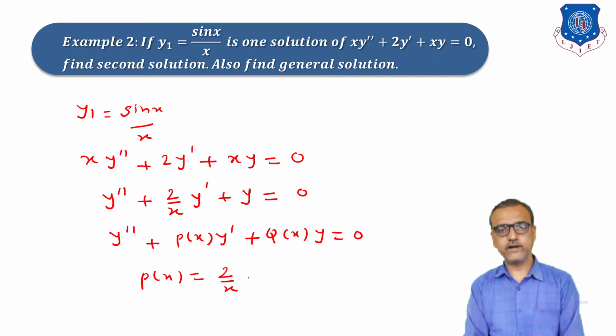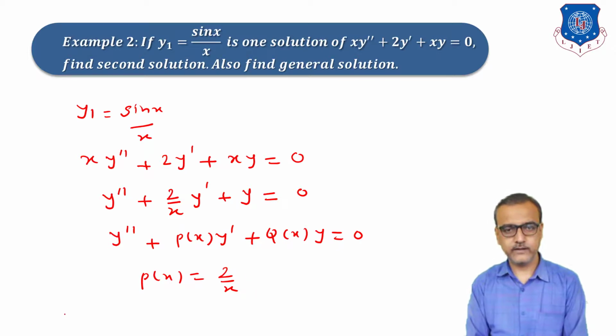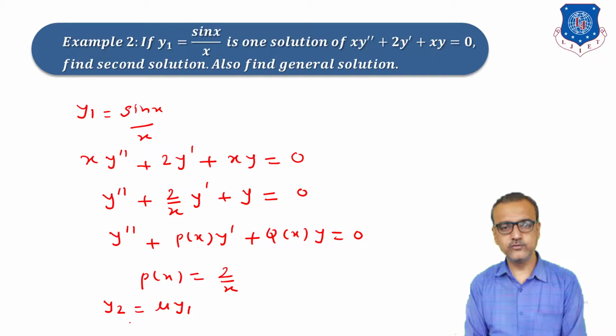And now we will find y2, and y2 equals u times y1. To find y2, we require u and y1. y1 is given to us, that is sin x over x, and we will find u.